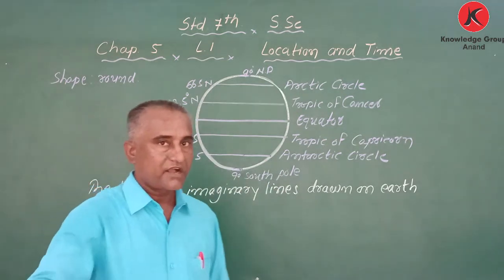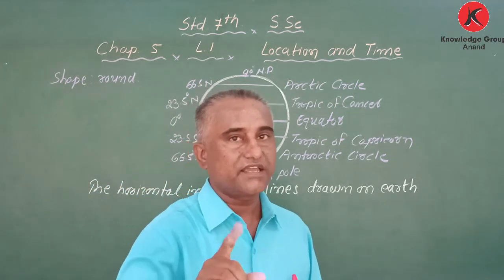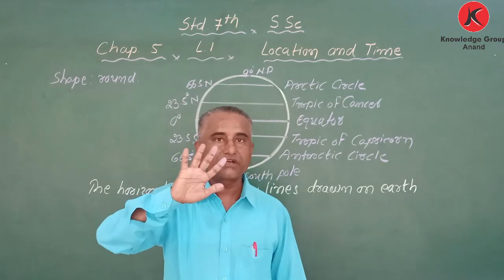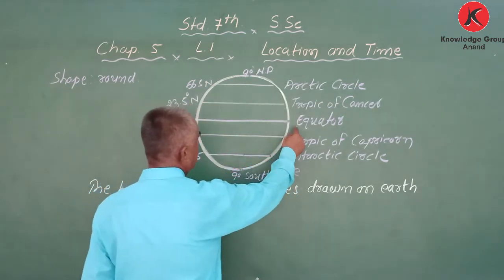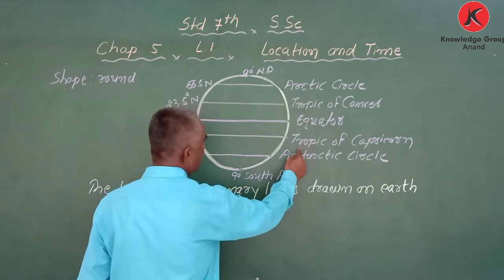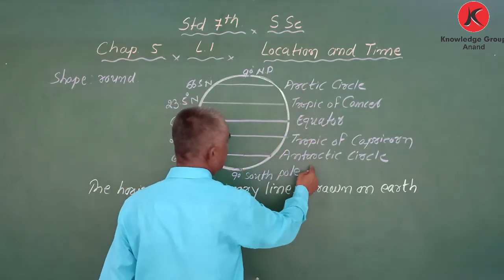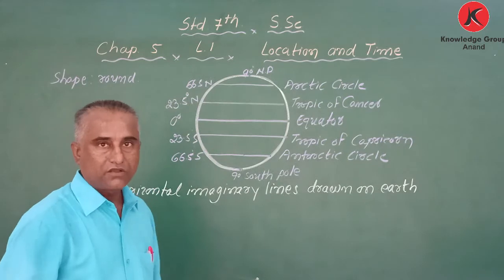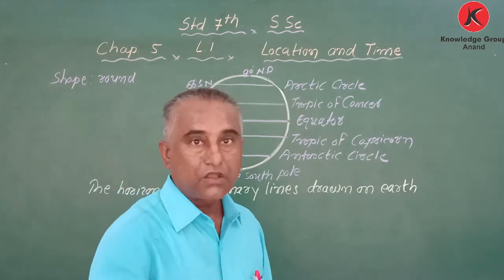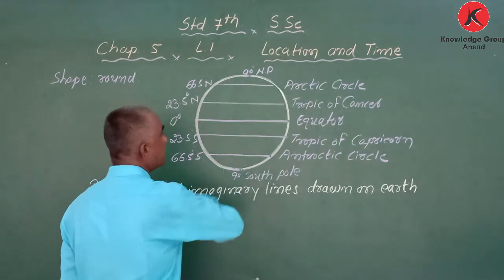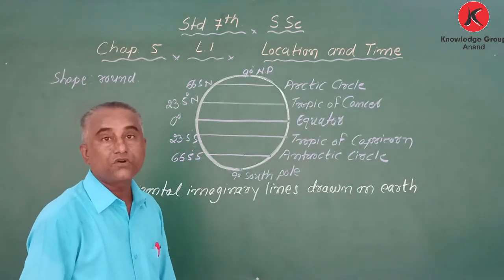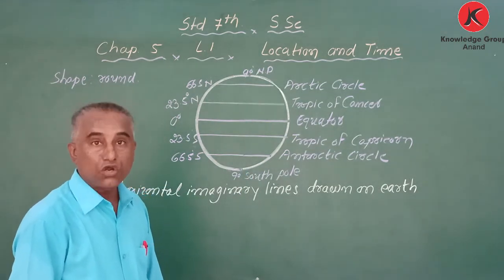There are 5 important latitudes: Equator, Tropic of Cancer, Tropic of Capricorn, Arctic Circle, and Antarctic Circle. Got it? India is in the northern hemisphere.